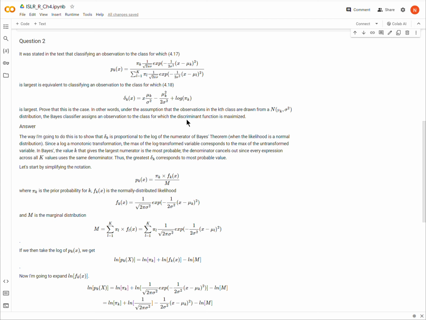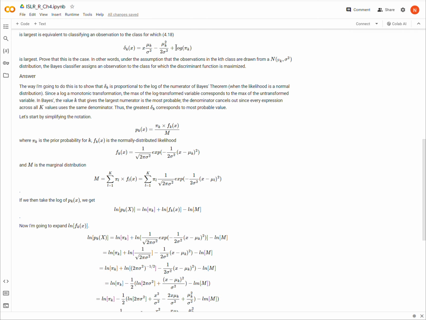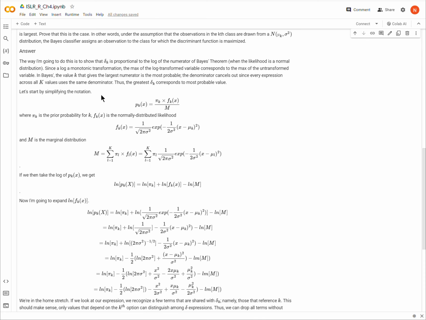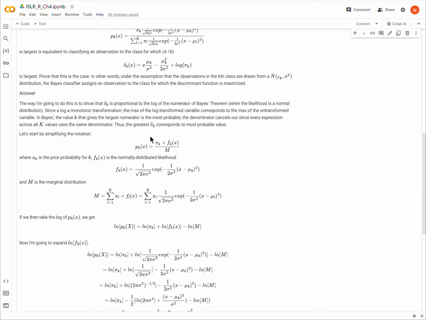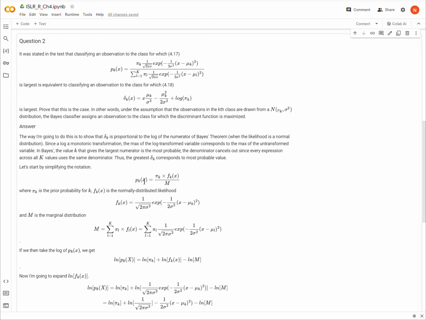Okay, so we're back. Let's start working on log transforming this Bayes classifier. One little thing I noticed: the question asks for log, and I am using the natural logarithm, so I'll denote log by ln, but they're the same for our purposes here. Let's start by simplifying the Bayes classifier.